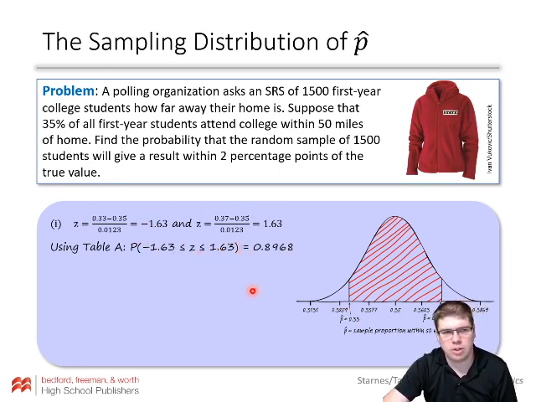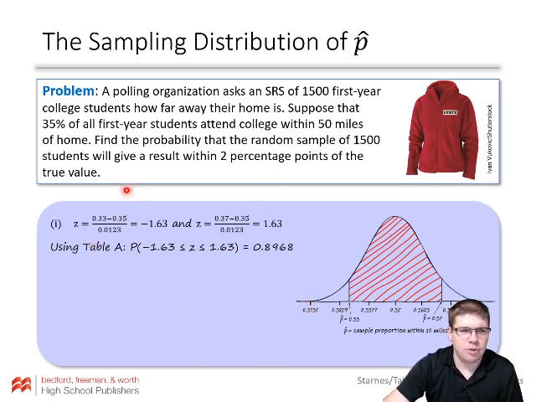You don't have to do it this way. Remember you could always type it in normal CDF with the actual raw values instead of converting to z-scores. But they're showing how you use the table with this. So the z-scores go from 1.63 standard deviations below the mean to 1.63 standard deviations above the mean.